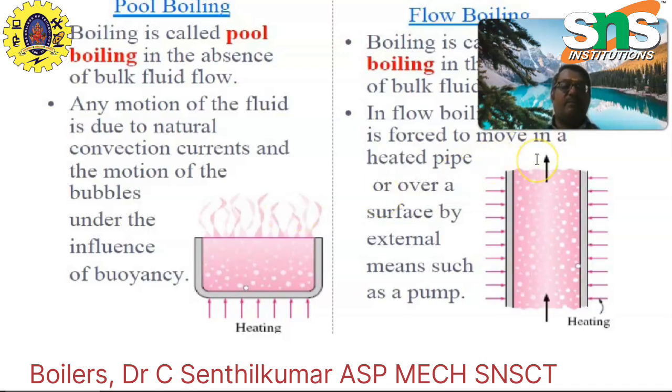Whereas in the case of a pipe, the heated fluid touches the wall surfaces first, because heat is transferred only through the wall. That is why the bubbles are near the walls, and they move because of the flow pattern.